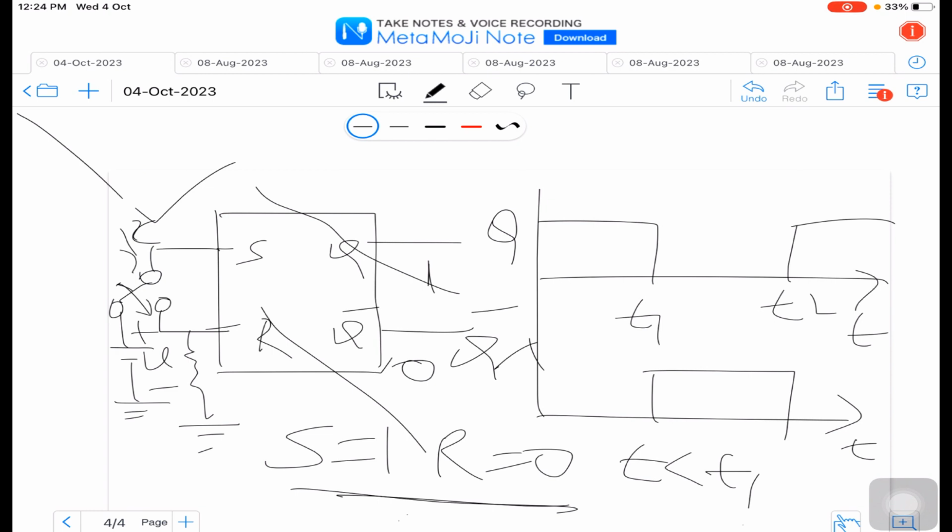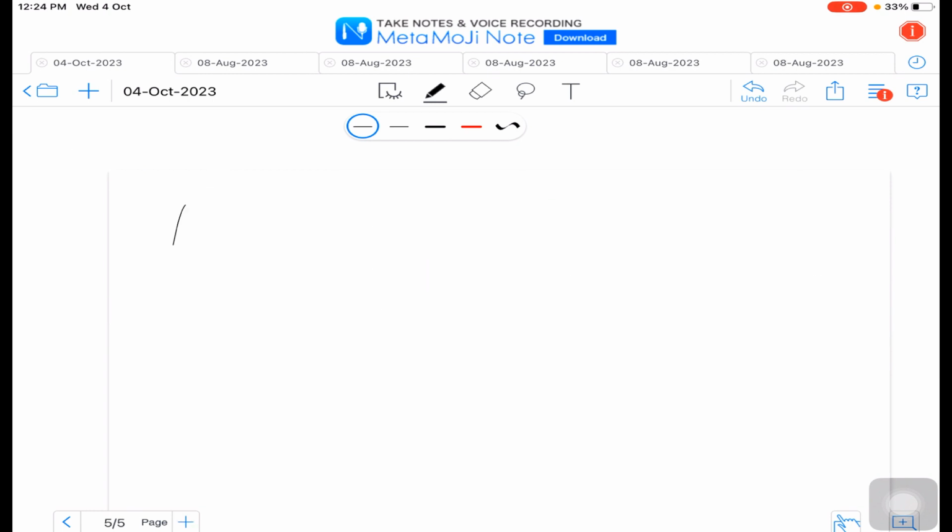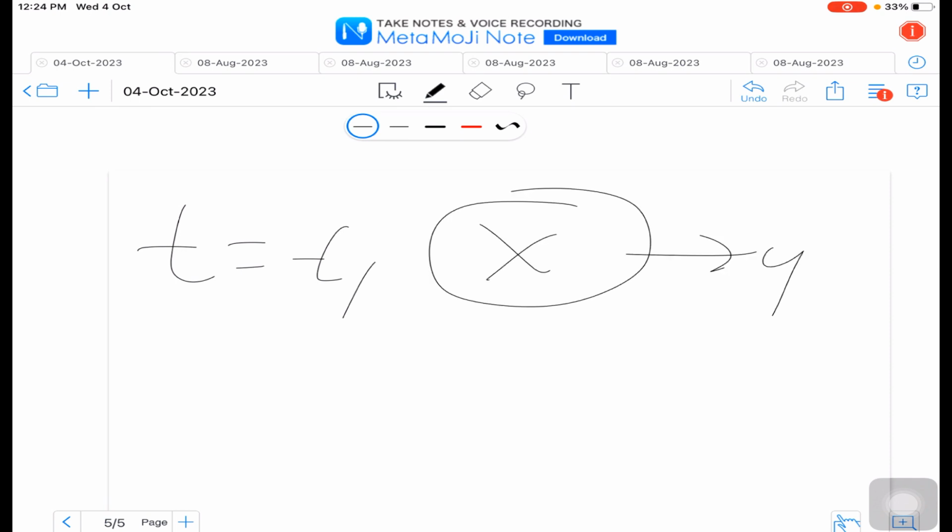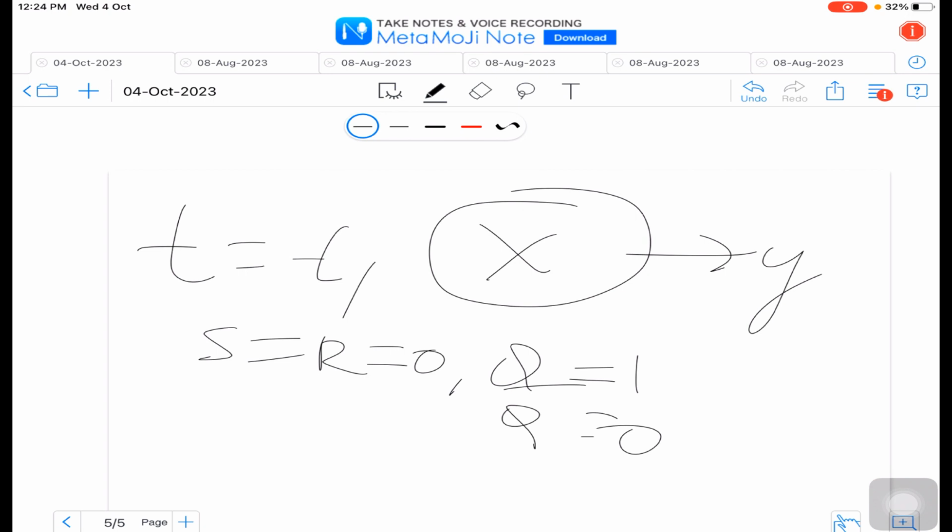Now at the instant T equal to T1, the switch is moved from the position X towards Y. Once the center contact leaves X and is on its way to Y, S is equal to R is equal to 0, and thus Q always remains at 1 and Q bar remains 0 until the center contact touches the Y position.